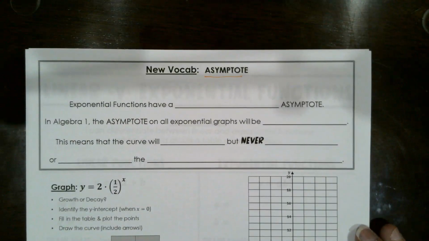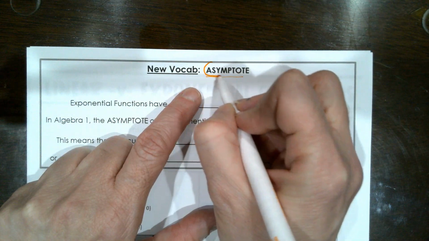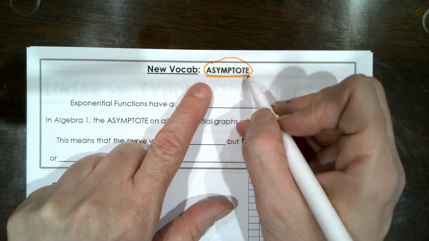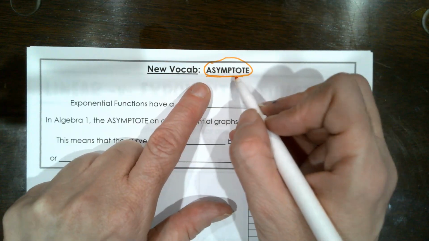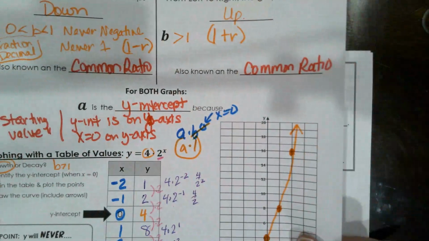So that brings up our new vocabulary word, which is a funny one: asymptote. Not all functions have them. Linear functions don't have them, which is why you've probably never heard of it before. But when we get into fancier, more complicated graphs, we do.